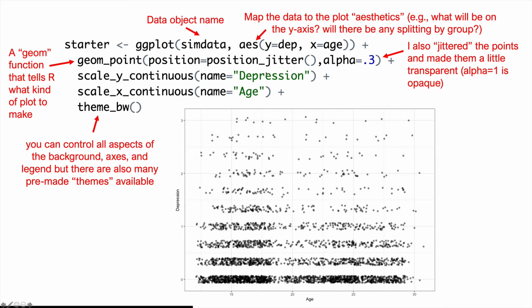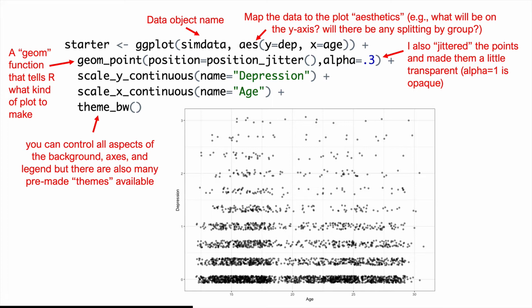I also have a line for information about the y-axis, or the scale of my y variable. It's continuous. It is called depression. I have a similar one for x called age, and I've used a built-in theme here to give some direction to what the overall plot is going to look like.